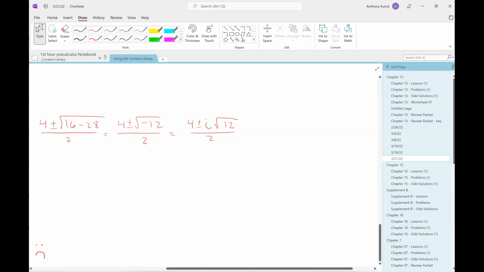You could draw the factor tree, sure. Or is there a perfect square that divides 12, or is a factor of 12? 4, right? Your perfect squares are 1, 4, 9, 16, 25, 36, just the number squared. So I notice that 12 is 4 times 3.